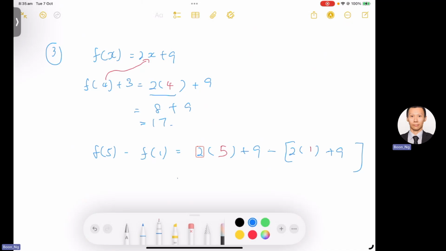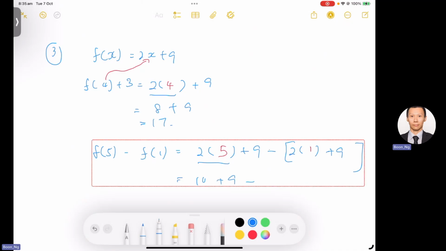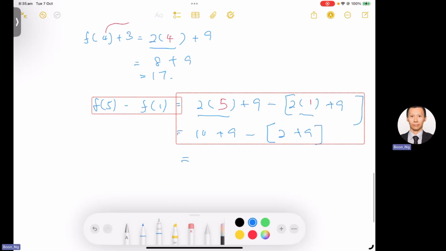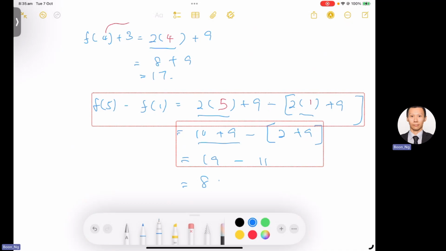Now the rest is just working on the math. So 2 times 5 is 10, plus 9, minus 2 times 1 is 2, plus 9. So this is 19 minus 11 equals 8.